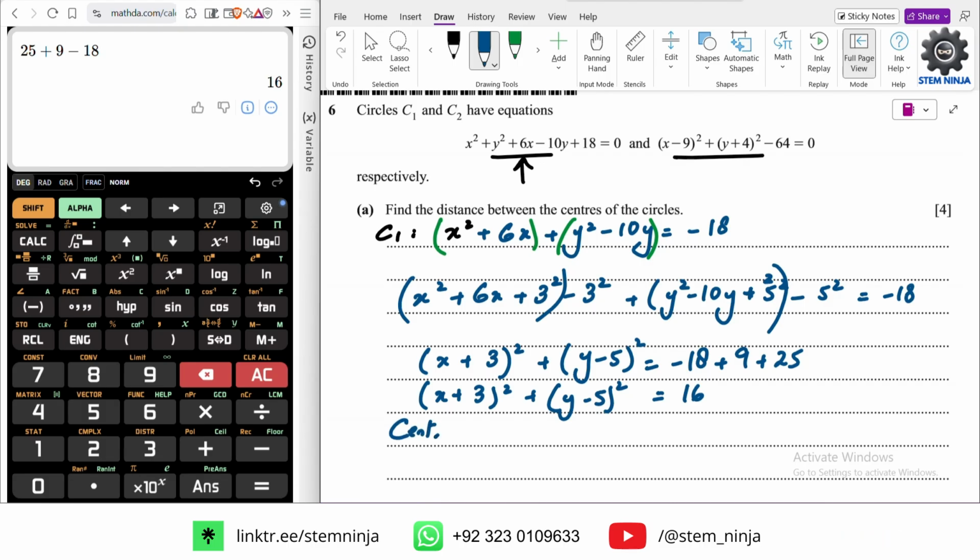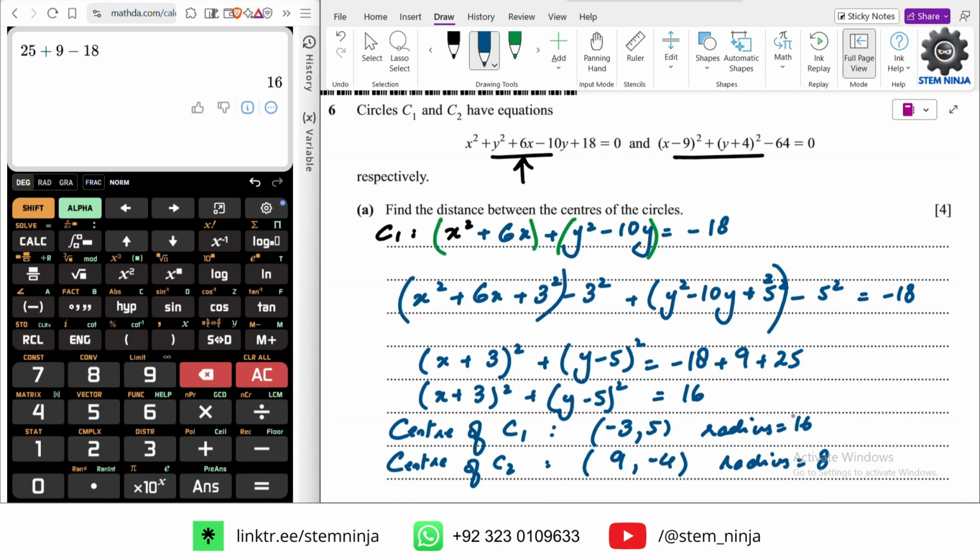So center of C1 is (minus 3, 5), radius 16, center of C2 is (9, minus 4), and radius is 64, so that would be 8. No, sorry, this radius is 4, because this is r squared. Okay, and for this one this would be 8.